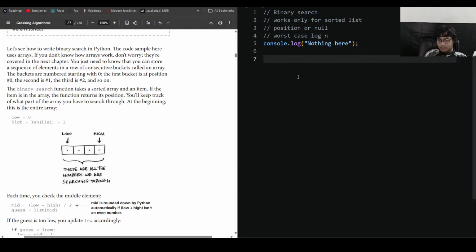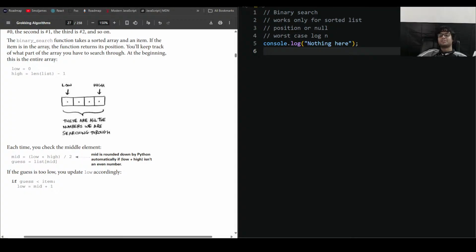Okay, each time you check the middle element. So mid becomes like that. Sorry. Const low. Okay, low is 0, of course, and high is going to be the length of the array minus 1.